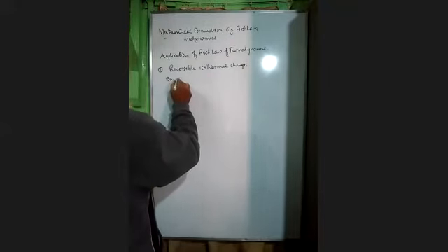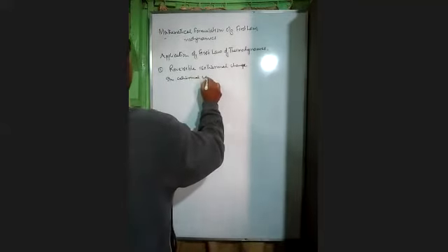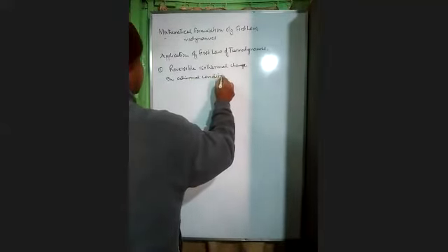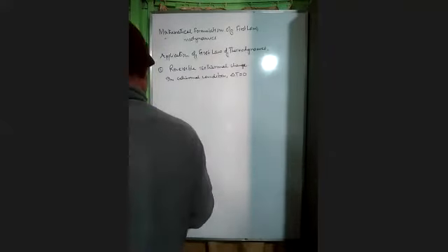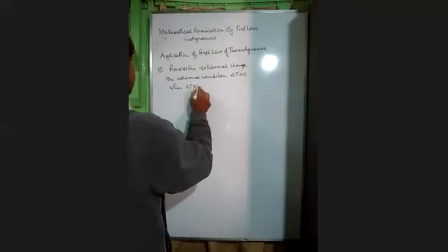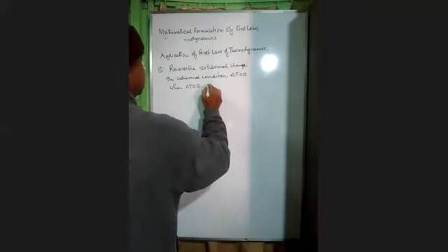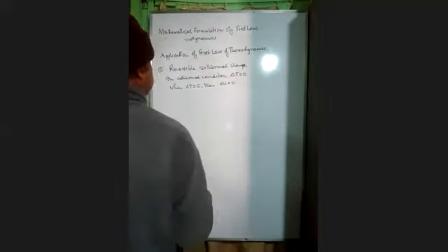See here. In isothermal condition, delta T is equal to 0. When delta T is equal to 0, then because you know internal energy depends upon temperature change, so delta U is equal to 0.